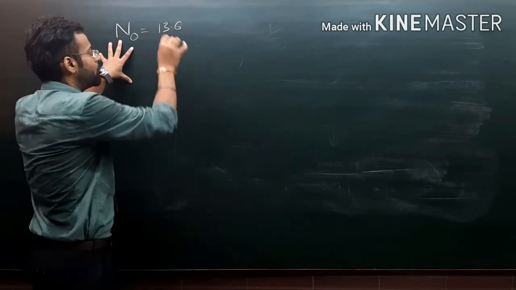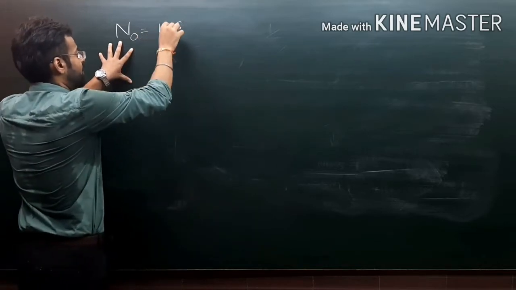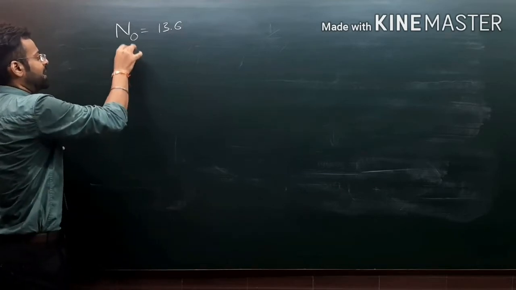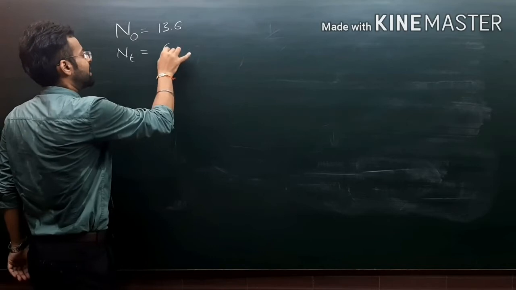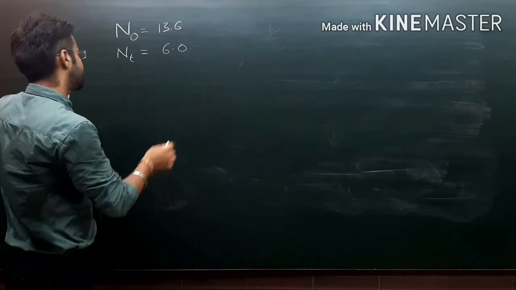Let's skip counts per minute for a while. We'll add it later in the answer. Now, 13.6 is the N0 value. What is the value of NT? They've also given us the value of NT: today it is only 6.0 counts per minute per gram.